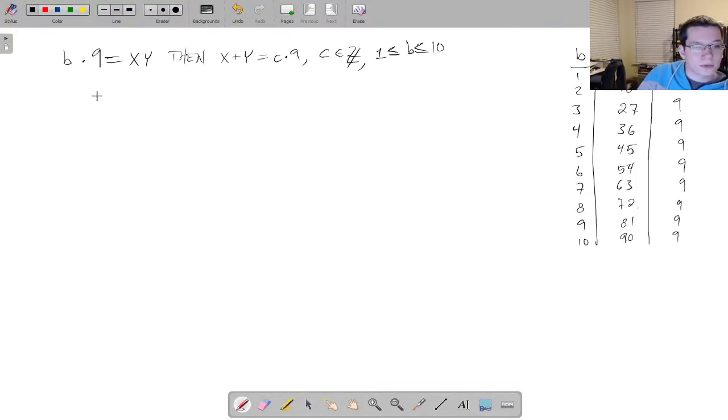So we've got to think about what this means. So b times 9 equals x times 10 plus y, right? Because that's what place value is. We've got 10 to the 0, 10 to the 1's place, 10 to the 2's place, and so on. So we have x times 10 plus y equals 9 times b. Now if we do that, b is always an integer, and obviously x and y are also integers.